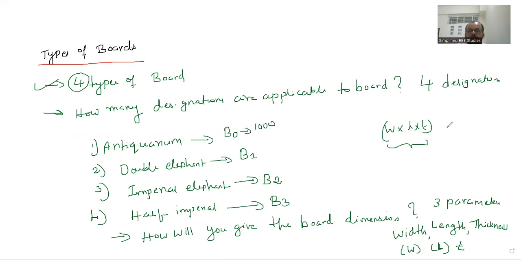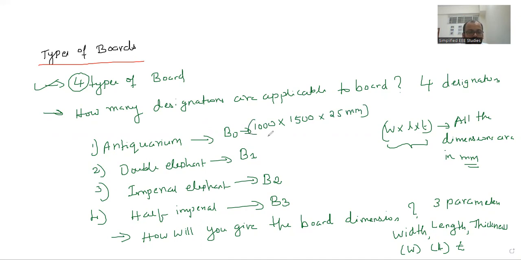Remember that all the dimensions are in millimeter only, in mm, both small letters. So 1000 into width 1000, length 1500 millimeter, and thickness is 25 millimeter.